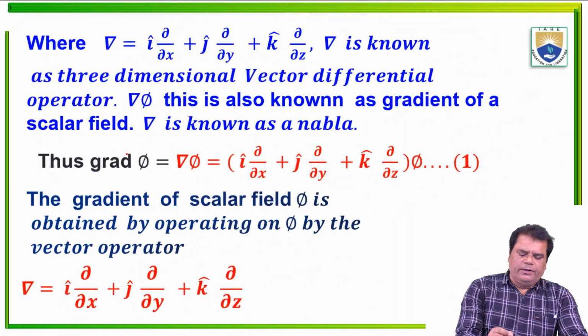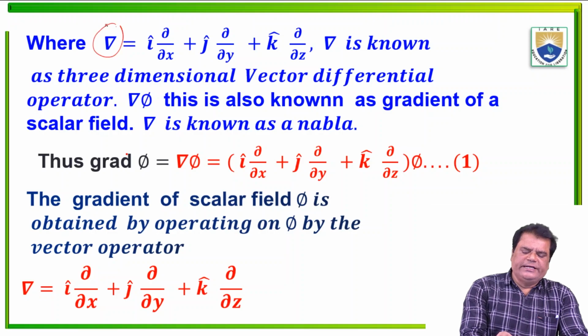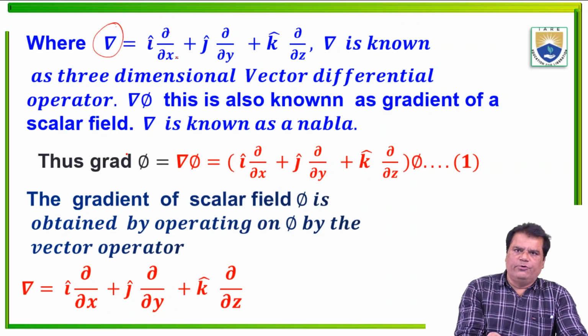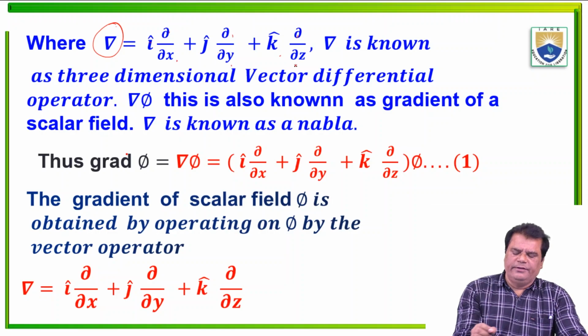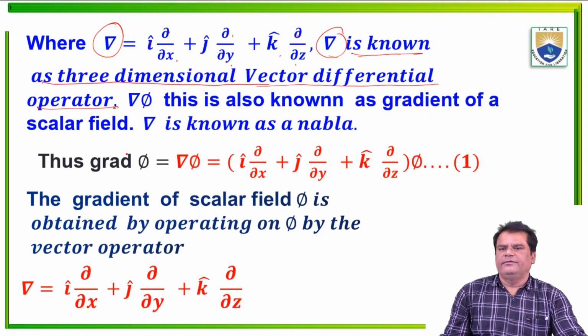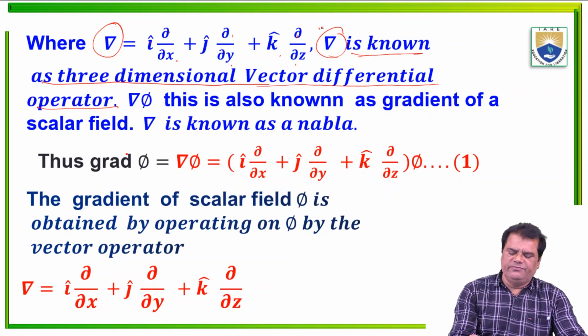Now this is known as del. Del equals i ∂/∂x plus j ∂/∂y plus k ∂/∂z. This three-dimensional differentiation operator is known as the three-dimensional vector differential operator, and it is always a vector.